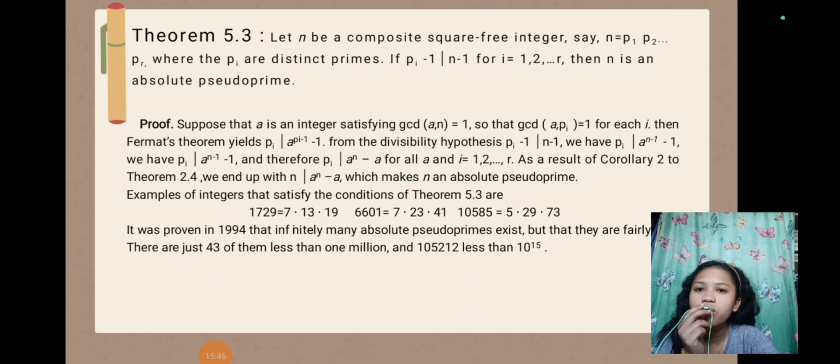As a result of Corollary 2 to Theorem 2.4, we end up with n dividing a^n − a, which makes n an absolute pseudo-prime.